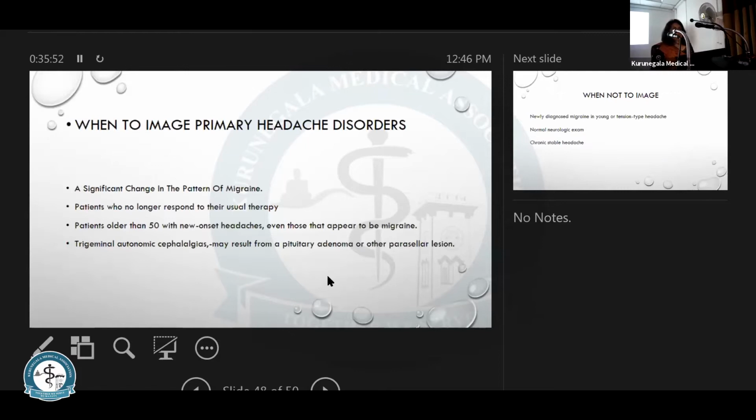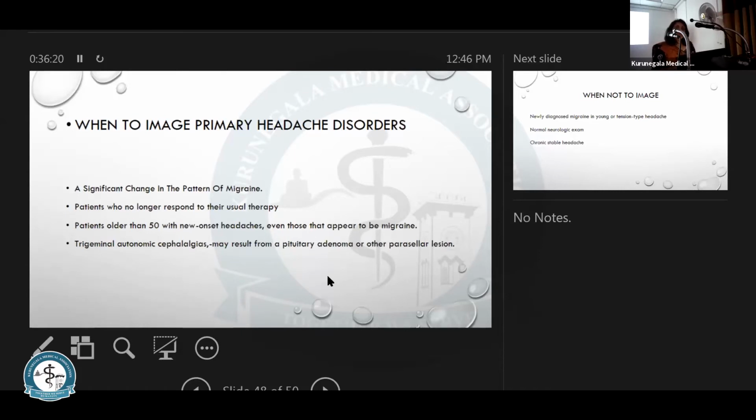So when to image the primary headache disorders? Mind you, secondary headache disorders we always need to image. With primary headache disorders, when they have a pattern change, you need to go and image them promptly. And when the patient is not responding to your treatment given at adequate doses, yes, you need to look for a secondary cause.